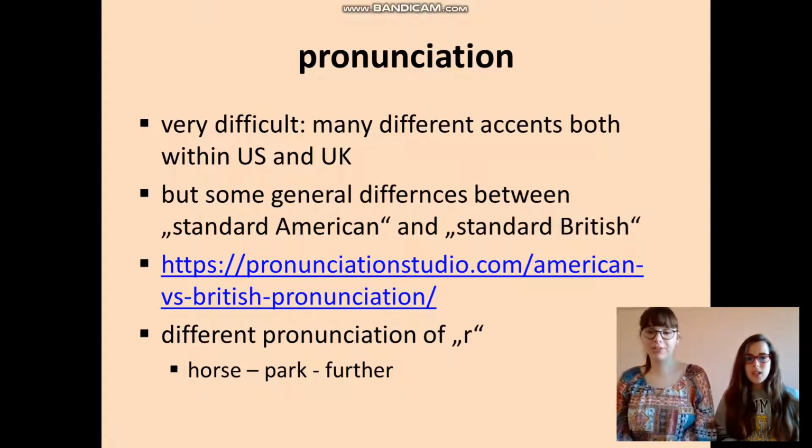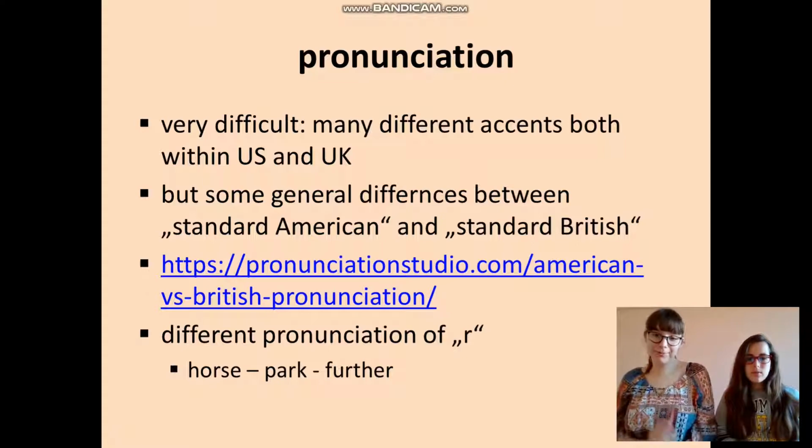But there is something called standard American and standard British. I think it's mostly because of language science. And you can have some differences or rules that are different.